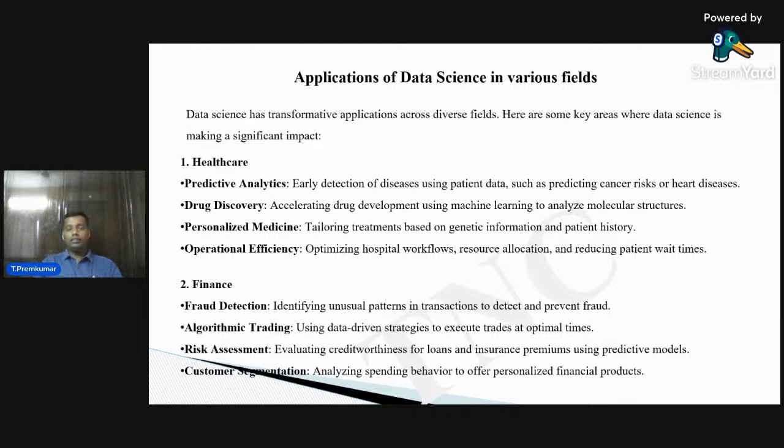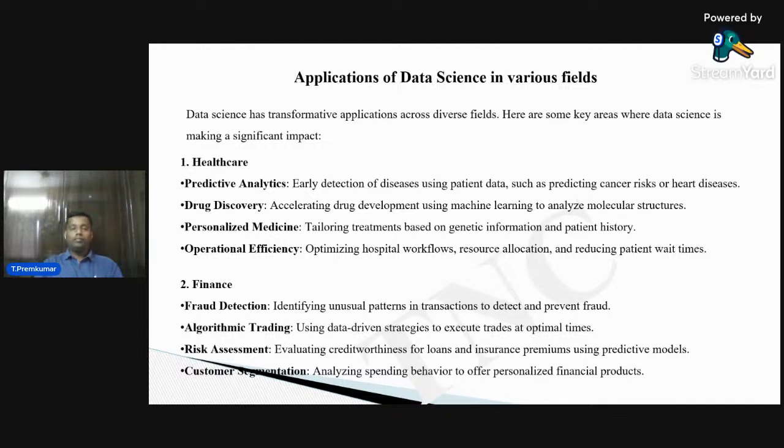In drug discovery, it accelerates drug development using machine learning to analyze molecular structures. In personalized medicine, it tailors treatments based on genetic information and the patient's history. Operational efficiency means optimizing hospital workflow, resource allocation, and reducing patients' waiting time.